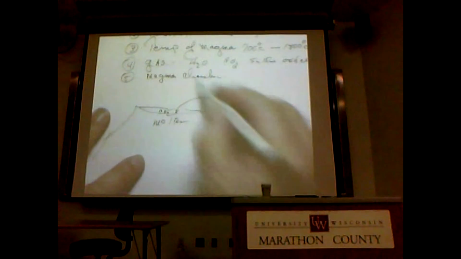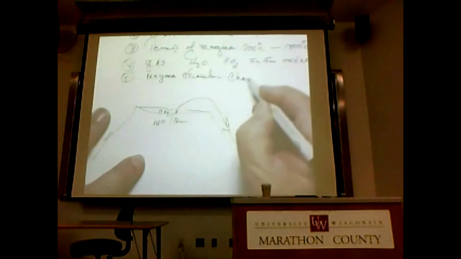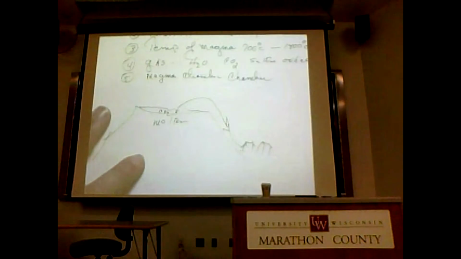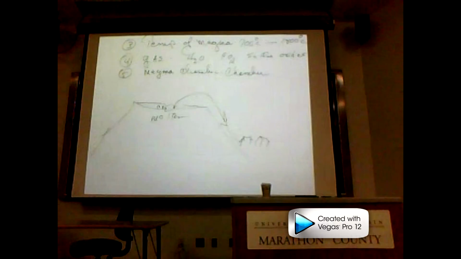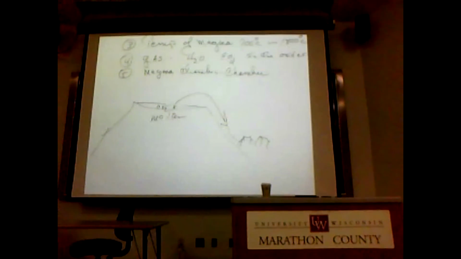If the magma chamber is tightly sealed, it allows pressure to build up within that chamber. And obviously, pressures will build until the chamber can no longer hold them, and you have this massive explosion.